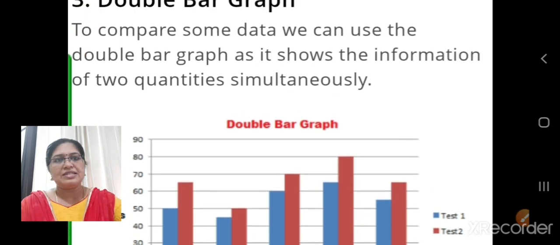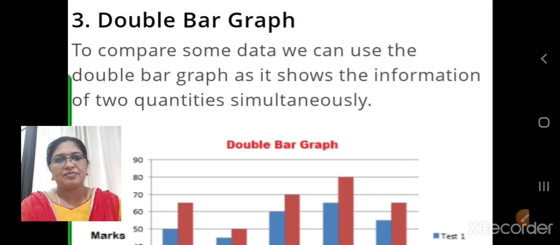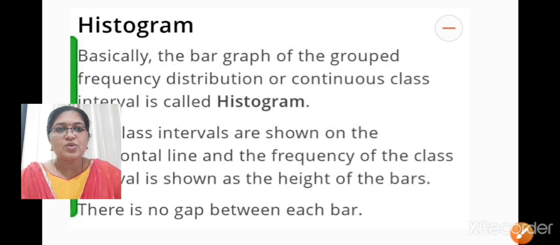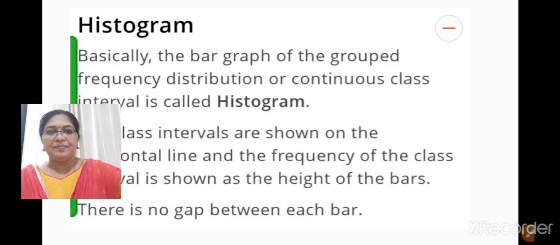Now we'll see the next concept. Next one is histogram. Basically, the bar graph of a grouped frequency distribution or continuous class interval is called a histogram. Histogram is done for continuous class intervals. There will be no gap between the two bars. It is for continuous data.